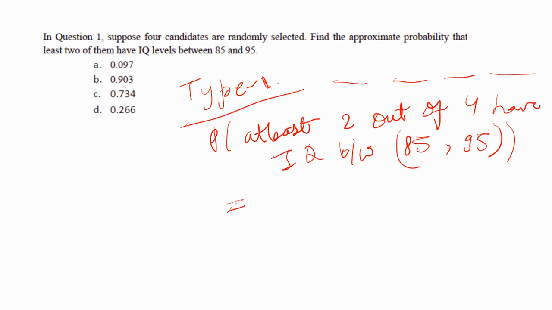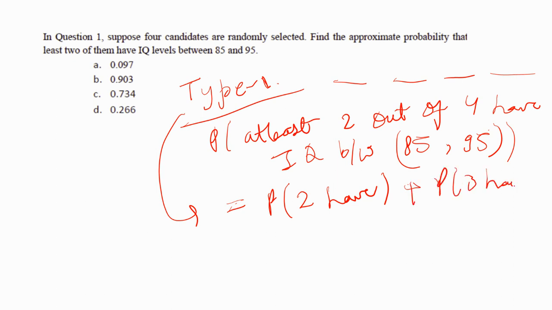So you can do it in two ways. One way is that you say the probability that two have this property, then the probability that three have, and then the probability that four have this IQ.